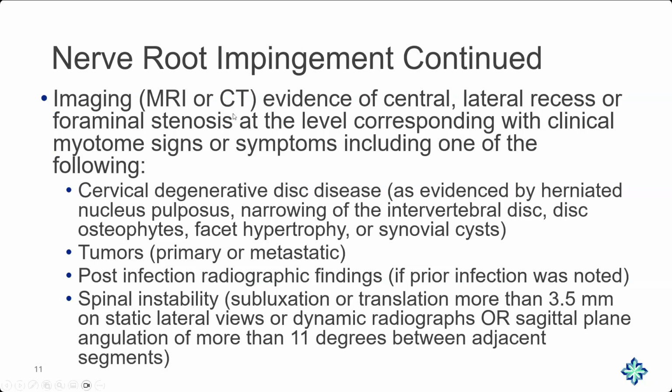So this MRI or CT, and we need to see one of the following are met: either cervical degenerative disc disease, tumors that could be primary or metastatic, post-infection radiographic findings, or spinal instabilities. And you can read a little bit more about that on this slide or in the LCD.